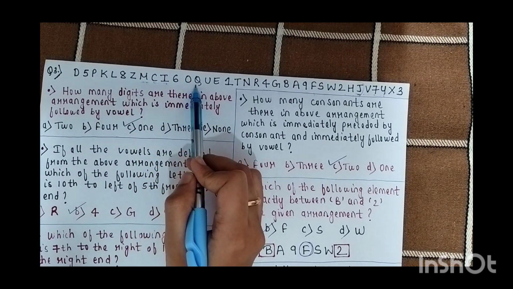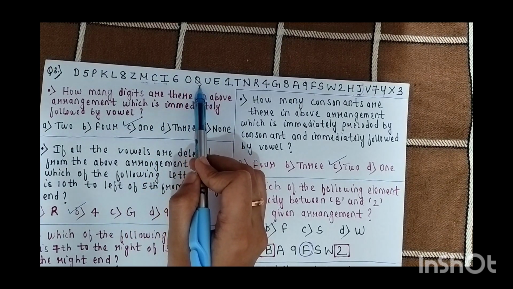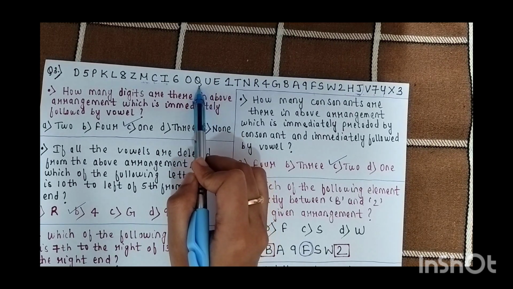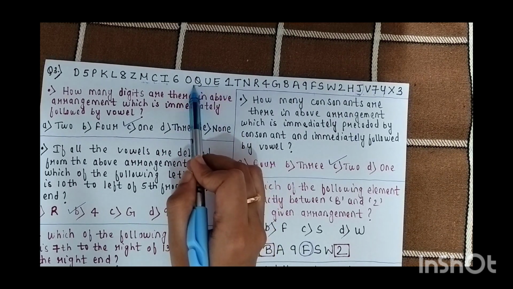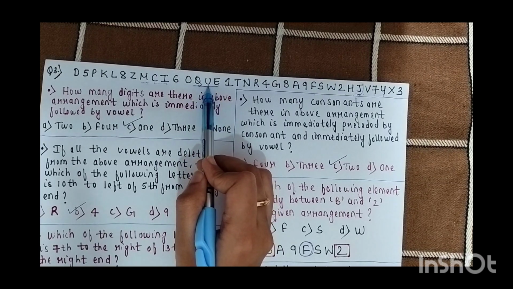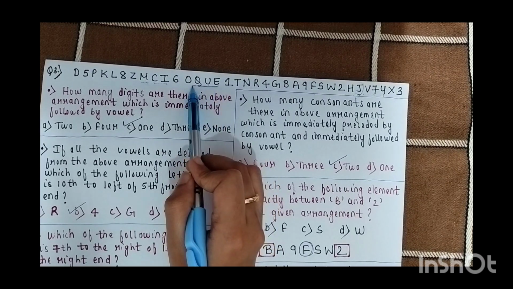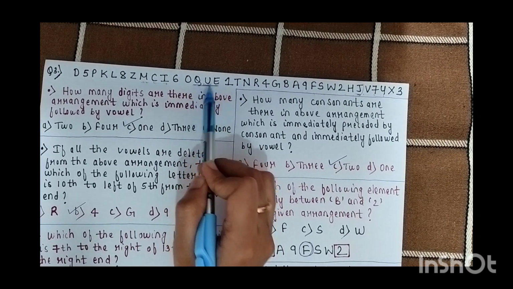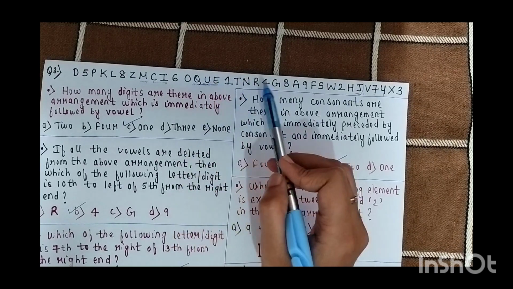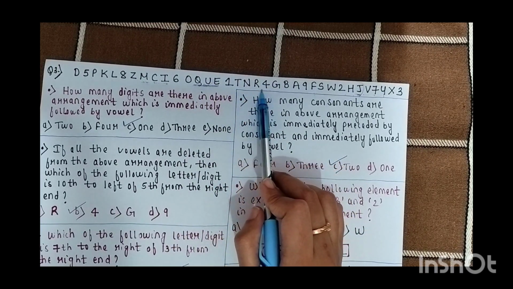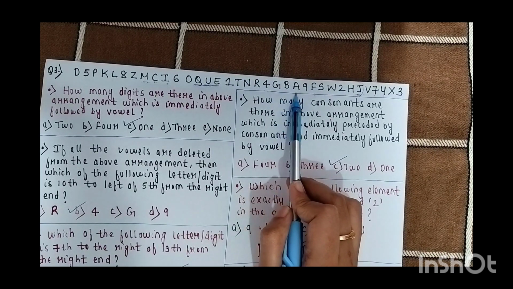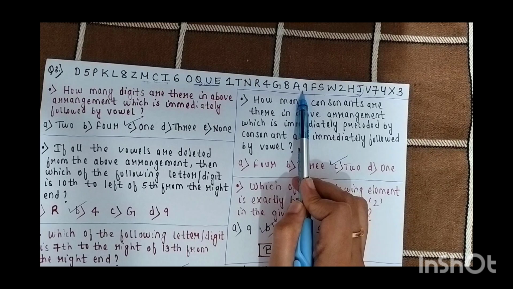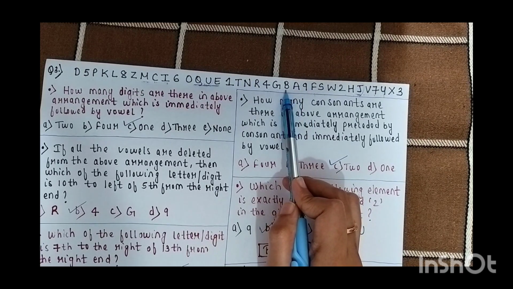Okay. Where else can you see that? This is one thing. This is the second one. This is immediately. Okay, so this, but this can't be because U is a vowel, correct? Then where else you can see that? Here you can see this GBA. This is a consonant, correct?